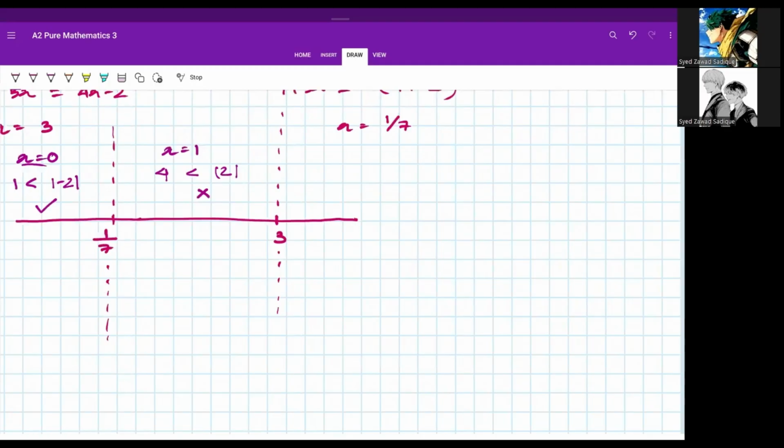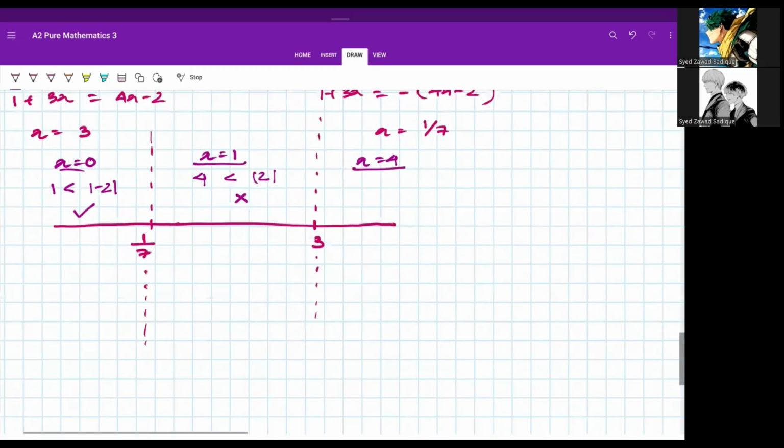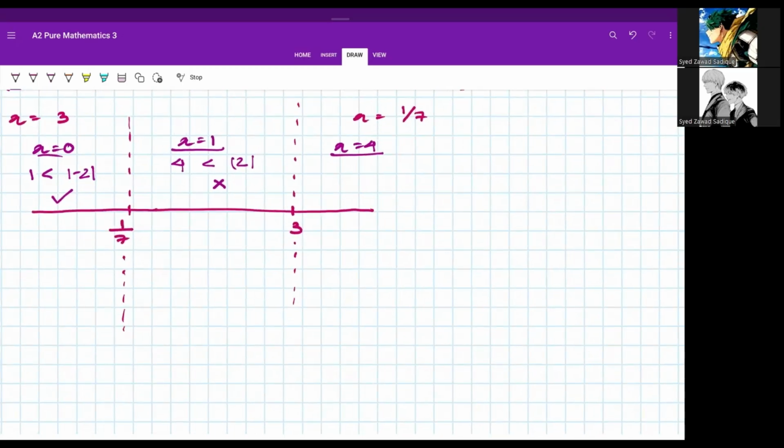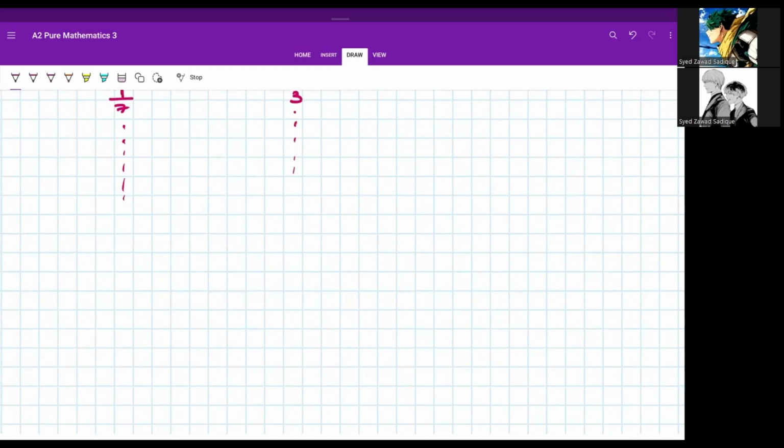We can use x is equal to 4. If we use x is equal to 4, we get 13 less than modulus of 14. Therefore, it's correct.